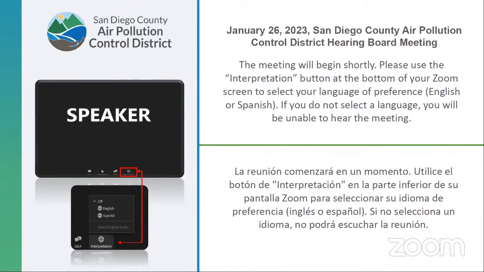If you're using a phone or iPad or other similar device, you're going to look for the 3 dots at the top right of your screen. Click that, and it will also open, look for interpretation, and then choose English. If we are to hear the whole session today, you need to choose either English or Spanish. And thank you very much.